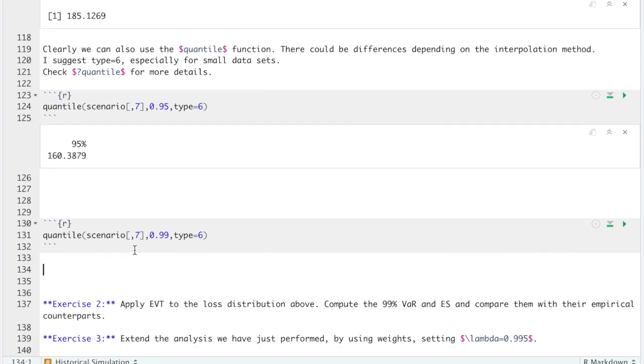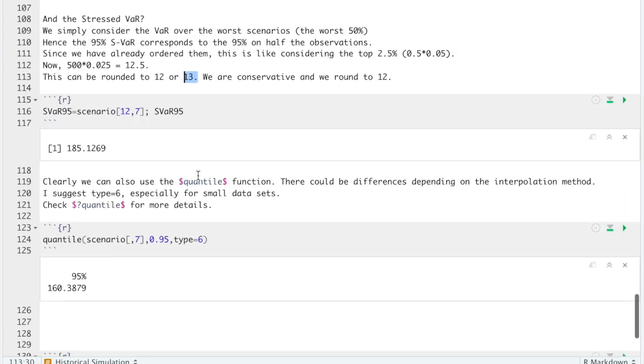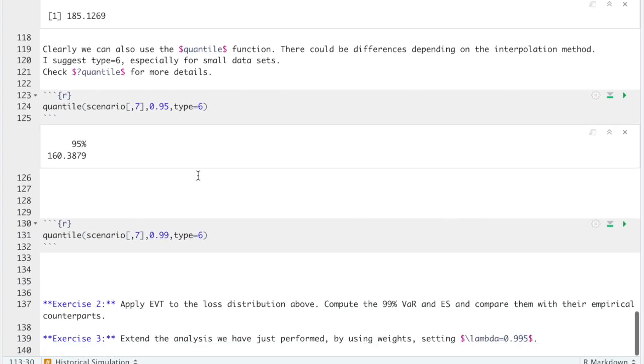And this becomes quite evident, for example, when you try to compute the stressed VaR, because in the stressed VaR situation, we have to pick, in theory, observation 12.5, which is not possible, so either we choose 12 or 13, while the interpolation procedure will actually try to find this actual observation 12.5.